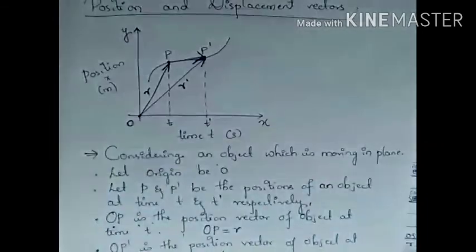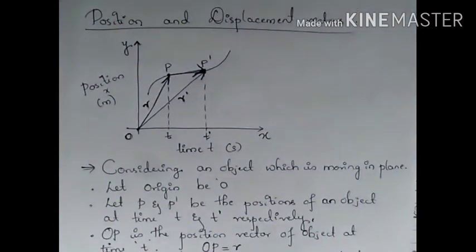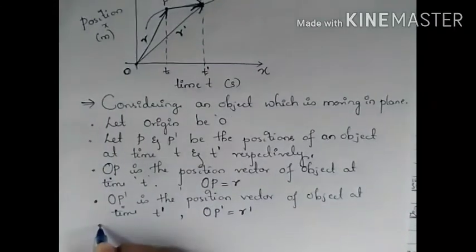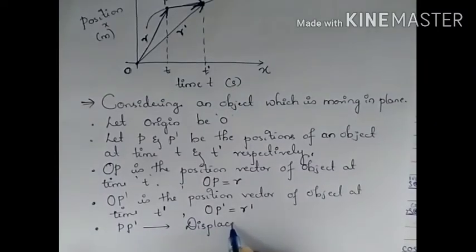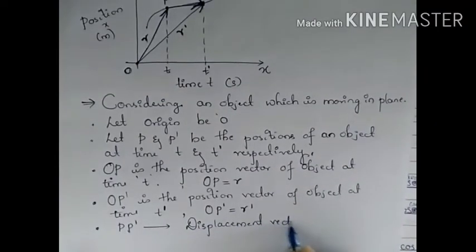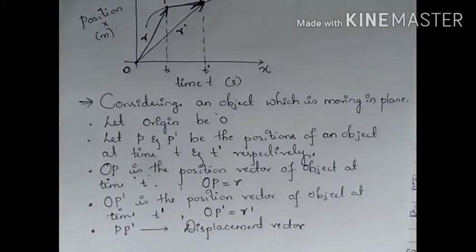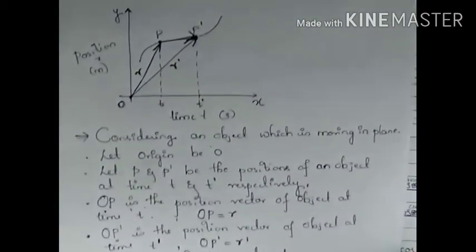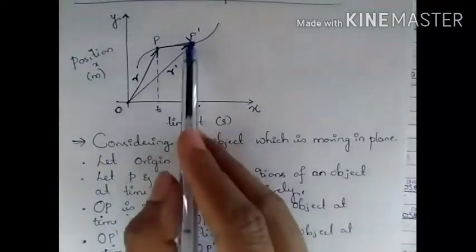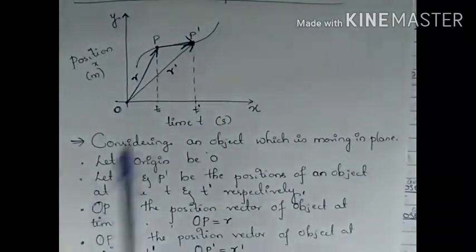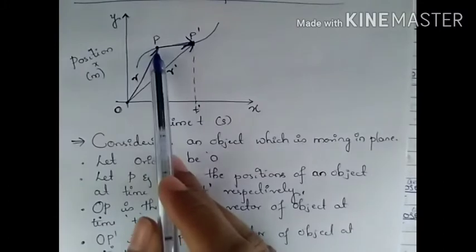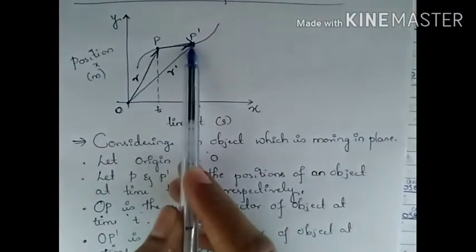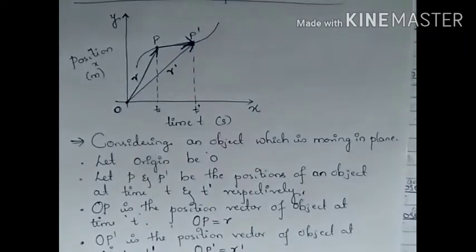So this line gives the displacement vector, PP prime, for an object that is moving in a plane which has a position P at time T and P prime at T prime. If you see, the displacement vector is a straight line that is joining the initial position and the final position. So from that we say displacement is a vector quantity which has a direction.